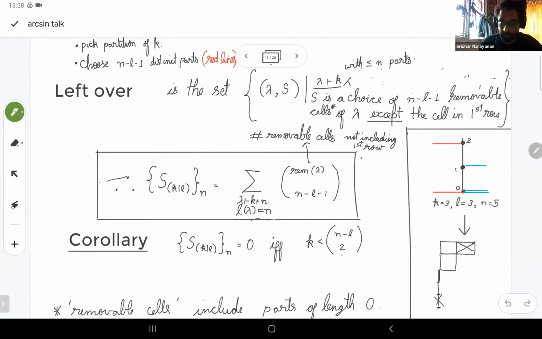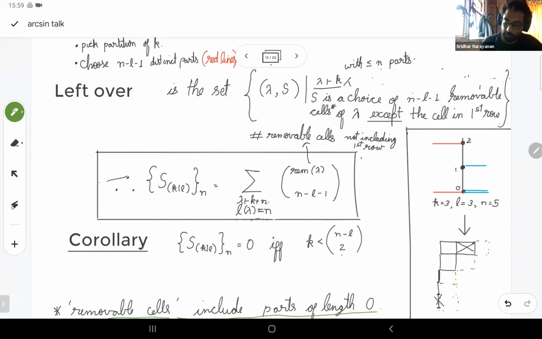Instead of considering these 0 rows, we can add a vertical strip of length n, and then all of the 0 rows become rows of length 1, and we can talk about removable cells without making a footnote like include parts of length 0, etc. If I just wrote this in terms of lambda being a partition of K, I would have to make a condition based on whether or not the 0 parts exist. So I'm just adding a vertical strip of length n to write this formula better, so to speak.